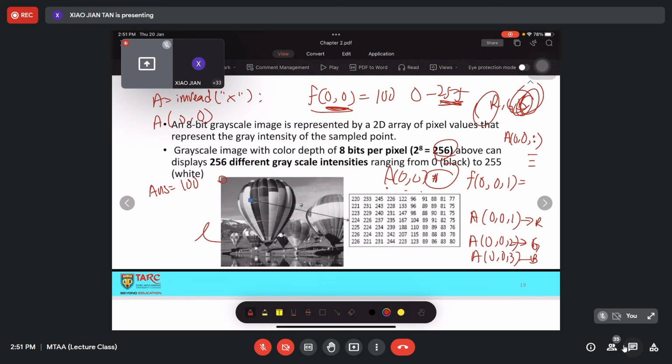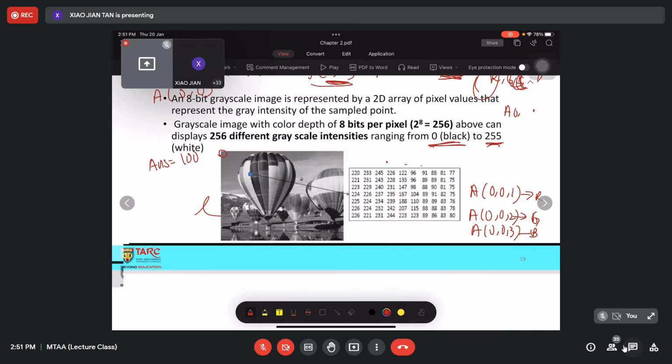So the max would be 255. There is no intensity 256. It can display 256 different grayscale intensities ranging from 0, which is the black color, to 255, the white color.